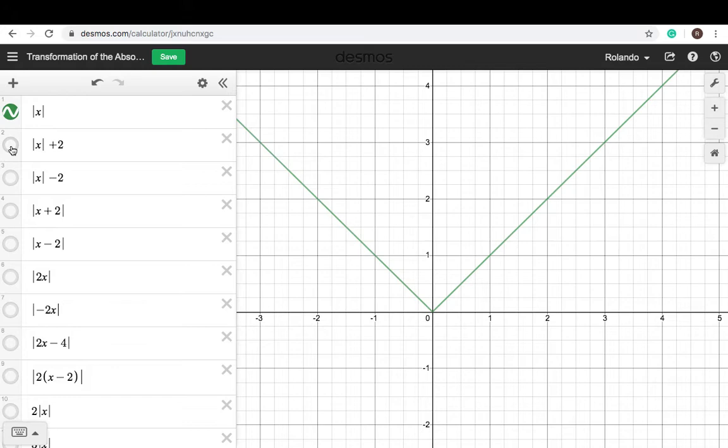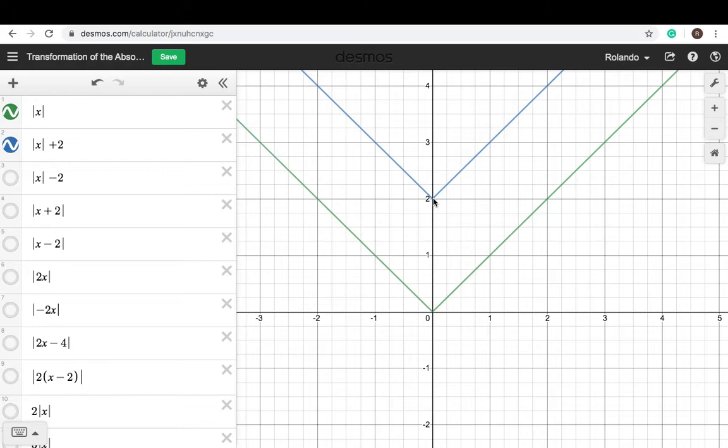Let's compare the green graph, which is the parent absolute value function, and the blue graph representing the absolute value of x plus 2. Notice that we still have the same shape, only that the graph is moved upwards 2 units.